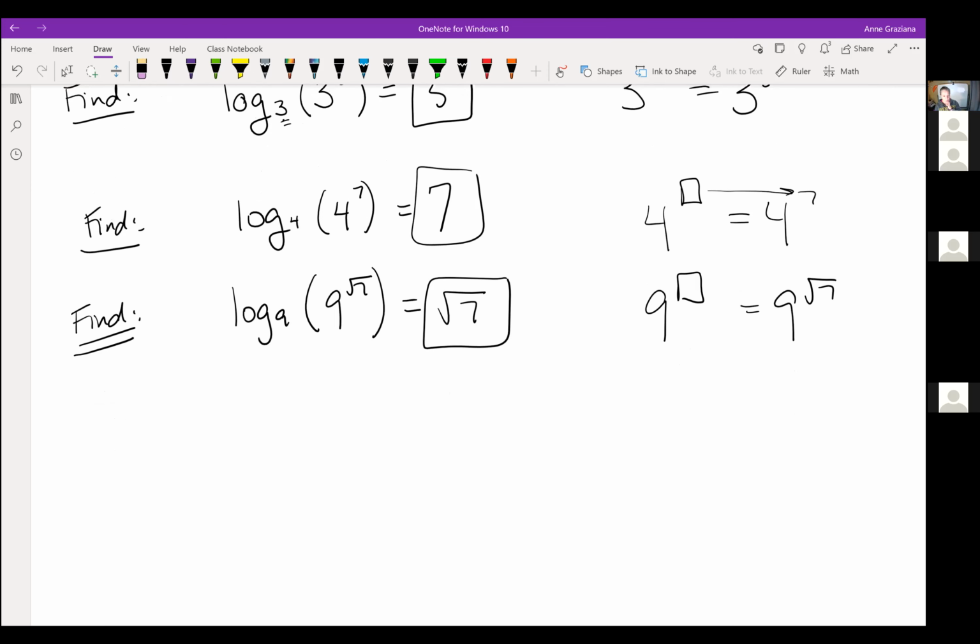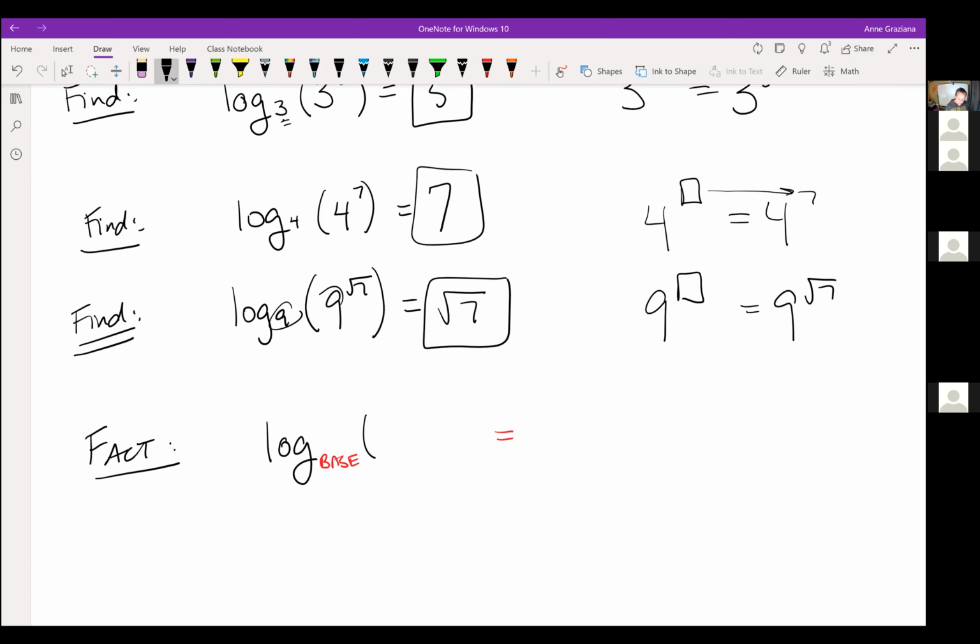Let's make up a rule. If I have log to some base, and then I have, let's say a, and this is the same as the base. I'm sorry, that's not what I was saying.